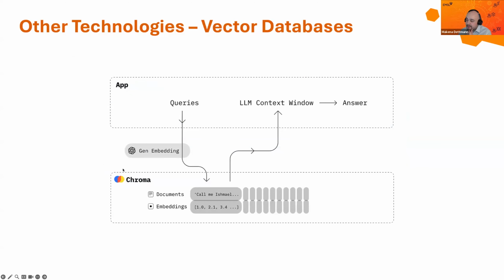Next up is vector databases, which were touched on in some of the other talks. Chroma is one that's popular. Also, Elasticsearch has a vector database. Even Postgres has an implementation. But the basic idea is you have a series of documents, you chunk them up, you embed the chunks, and then anytime you get a query, you do the same thing.